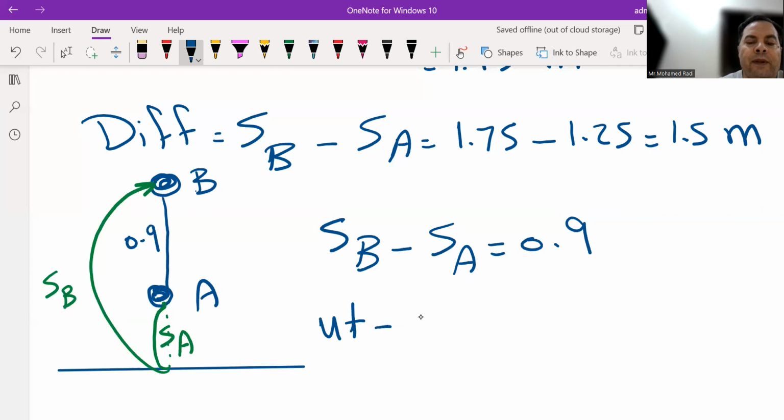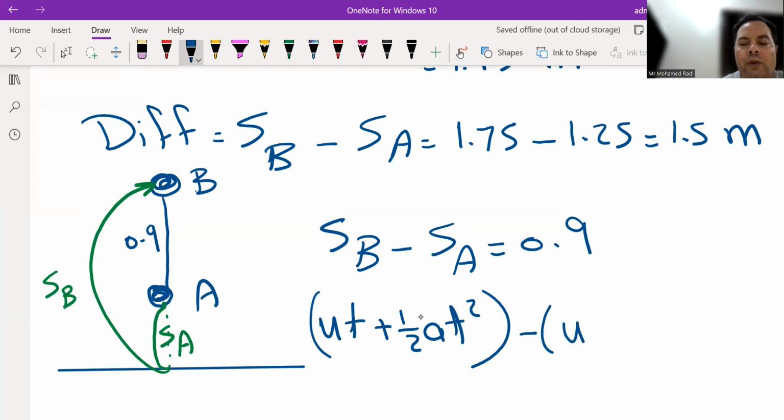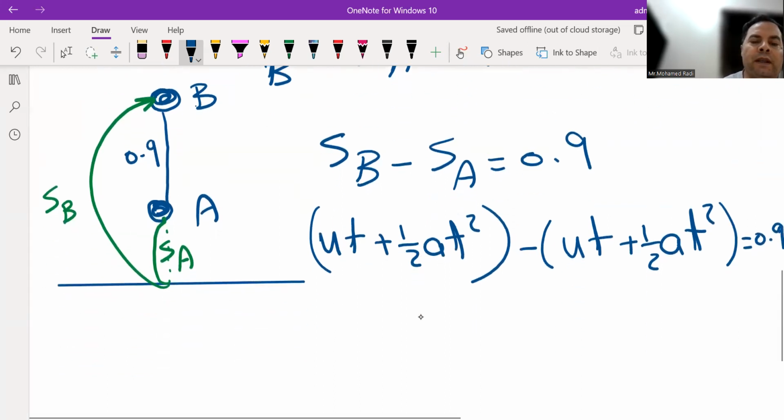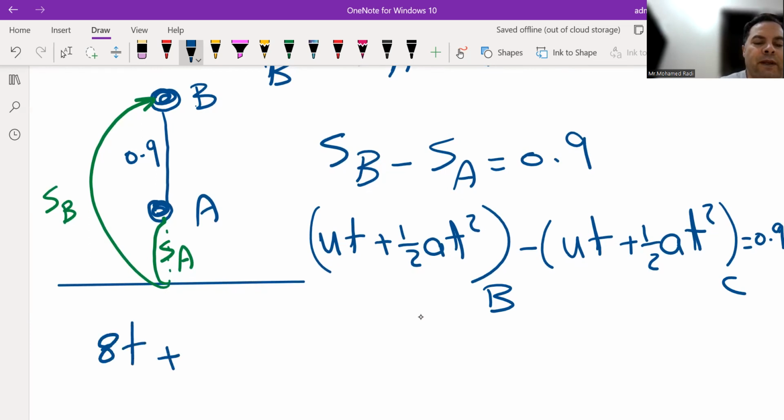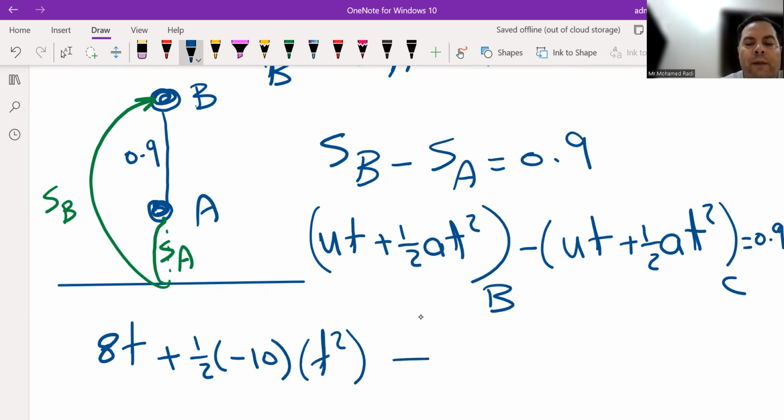ut plus half of at squared minus ut plus half of at squared is equal to 0.9. This is for particle B, this is particle A. Particle B, its initial velocity is 8 times t plus half times -10 times t squared, minus, u is 5, so minus 5t, and this is minus 10, so negative becomes positive, 5t squared if you simplify it directly.